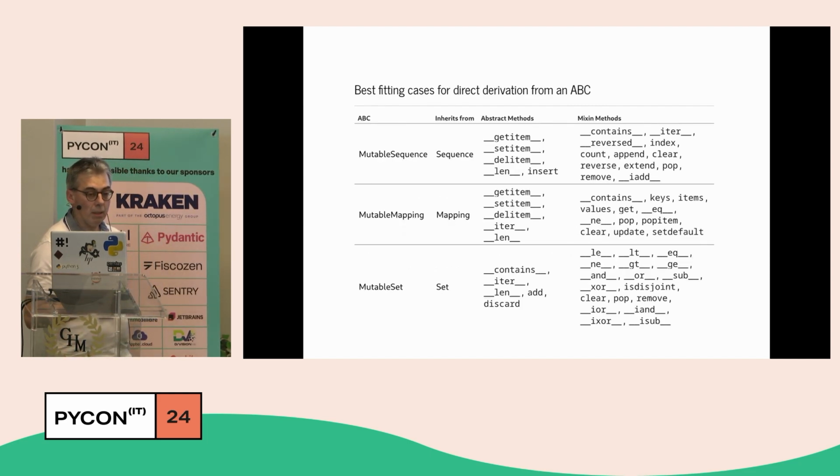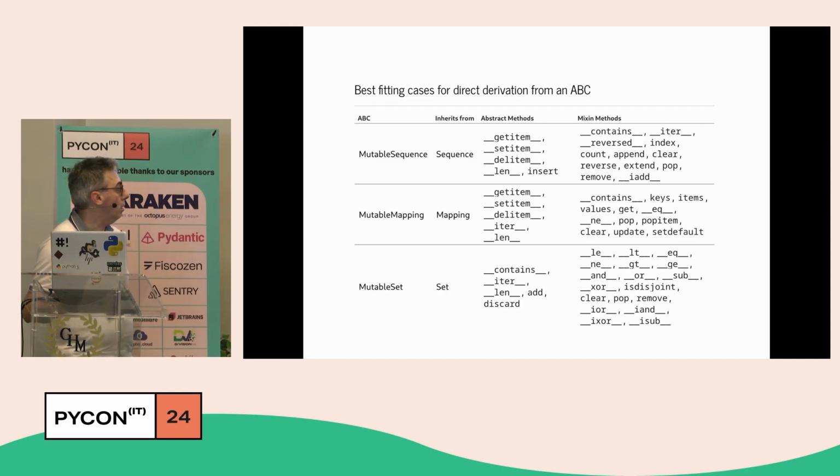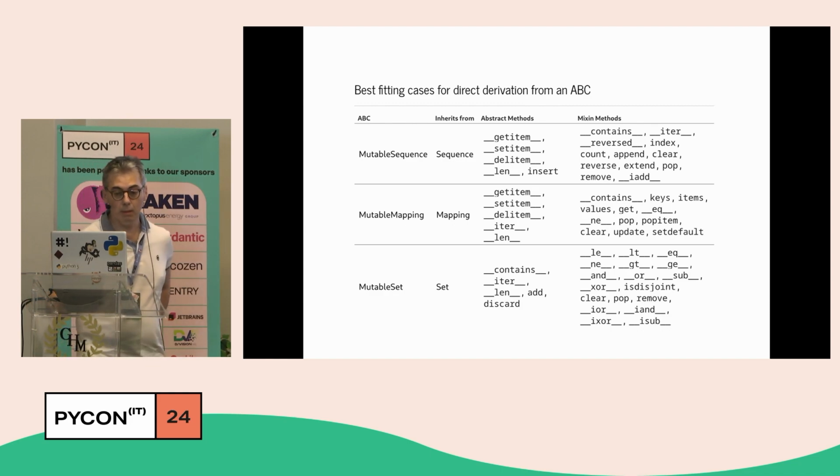In my case, I use direct derivation, in the best fitting cases. I have to develop XPath and support XPath parsing, and I use these classes for deriving my types and provide a dynamic programming generation of tokens.